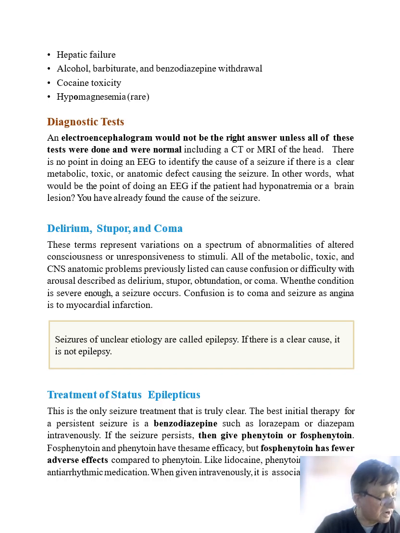Fosphenytoin and phenytoin have the same efficacy, but fosphenytoin has fewer side effects. Like lidocaine, phenytoin is a class 1B antiarrhythmic medication. When given IV, it is associated with hypotension and AV block.